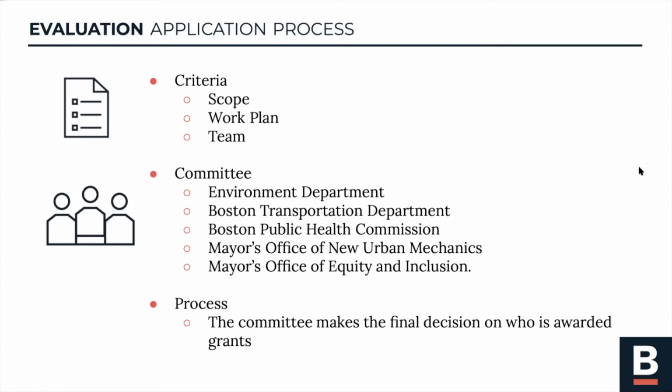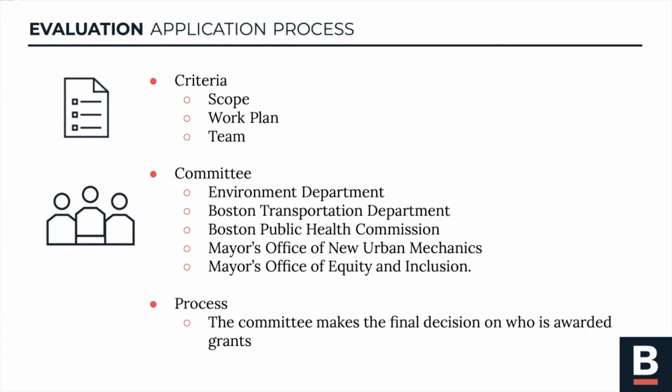We'll also have an evaluation committee to review all the proposals that come in. This will be a group of city employees from the Environment Department, the Boston Transportation Department, the Boston Public Health Commission, the Mayor's Office of New Urban Mechanics, and also the Mayor's Office of Equity and Inclusion.